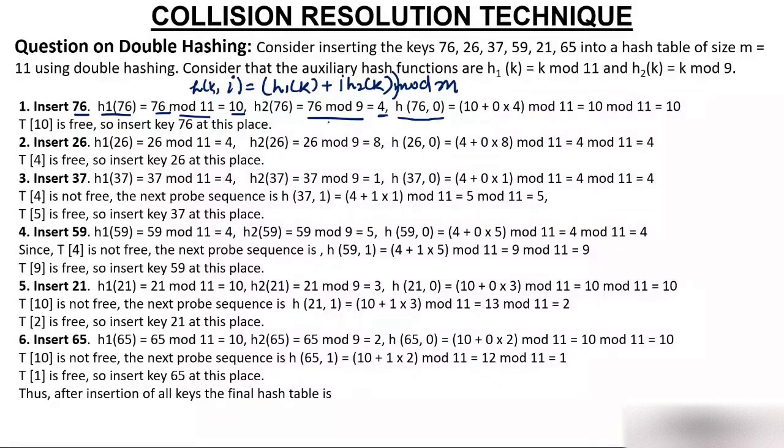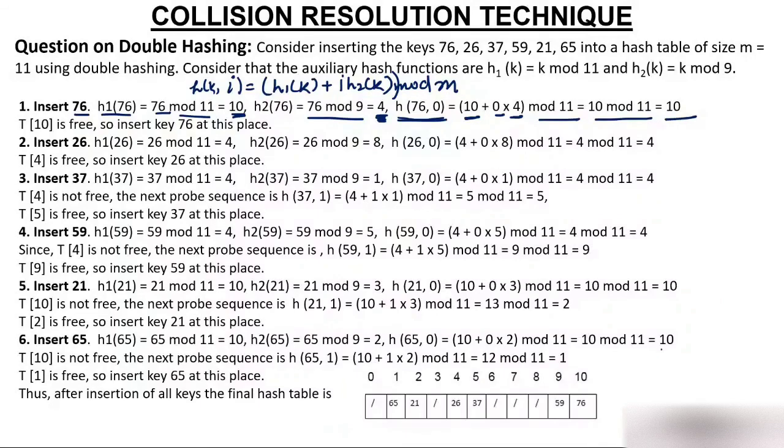So h(76, 0) is h1, which is 10, plus i, which is 0, into h2, which we have just calculated as 4, mod 11. So this is 10 mod 11, which gives you 10. So at the 10th location you have placed 76.